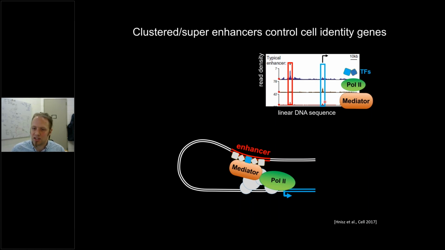And so we would have our target gene over here in blue, and in red, different signature where we find an enhancer. So it's characterized, for example, in this little subset over here with this peak of transcription factors, and there's some mediator present there as well.